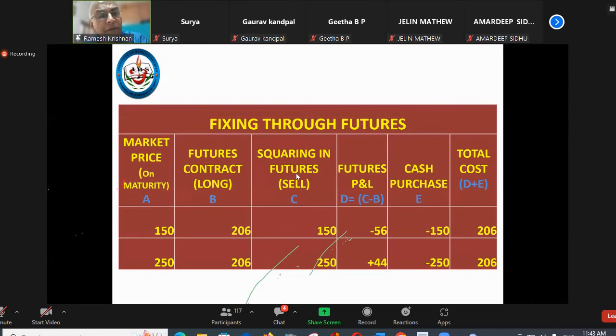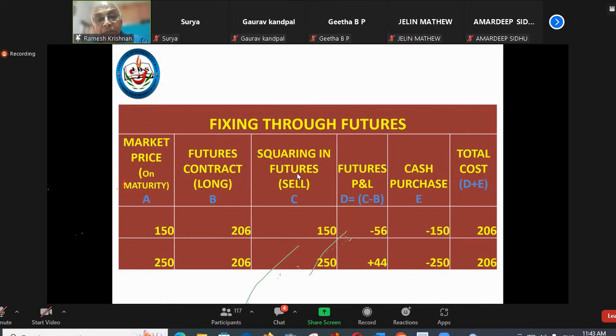Now, assuming on maturity date, the cement price is 150. Whereas you have bought, suppose 1,000 bags is one contract, at 206. So your price in the futures exchange is 206 for cement. Whereas today, for your concrete work requirements, you bought cement from the market at 150.